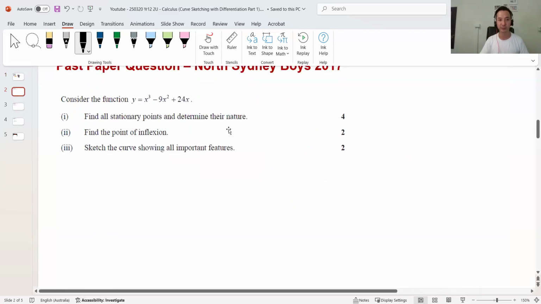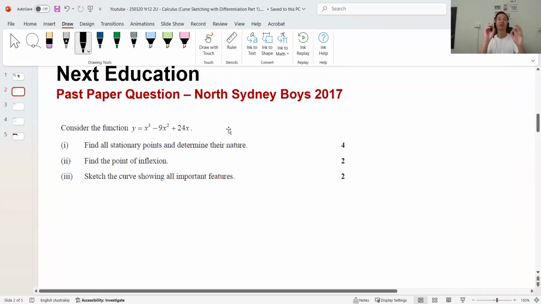So the first question I have here, North City Boys, is a classic question where they give you a cubic curve to sketch, and they ask you to find all stationary points and determine their nature.